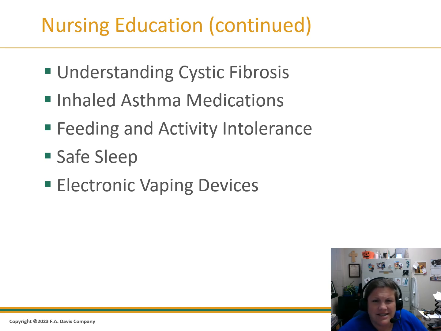Some of the daily inhaled corticosteroids would be Pulmicort, which is budesonide, and Singulair, which is a leukotriene receptor antagonist. This would be to help with daily control of asthma that's persistent.